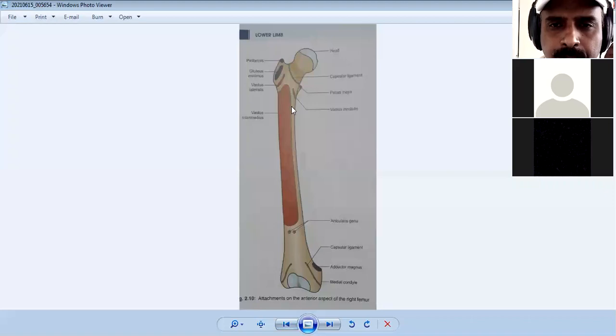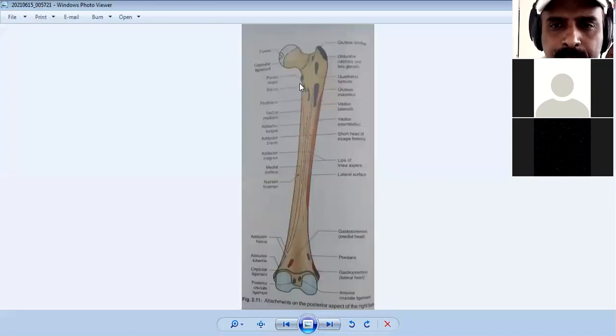So next muscle, vastus medialis. Vastus medialis originates from the lower part of the intertrochanteric line. Then we have the spiral line, then medial lip of the linea aspera and medial supracondylar line. Medial supracondylar line, medial lip of linea aspera, spiral line.